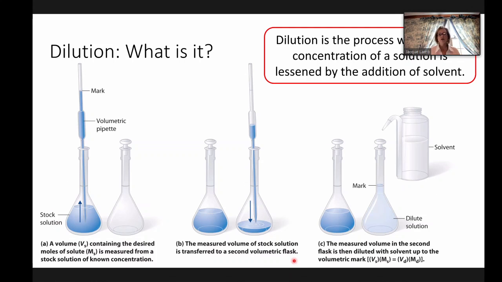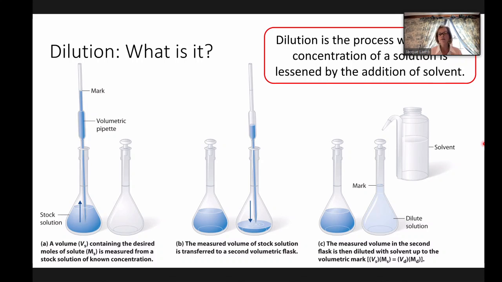So what about dilution? We often make stock solutions. It would be absolutely impossible for you to maintain a stock of solutions on a shelf at every possible concentration that you might want to use. So in general, we tend to make stock solutions that are more concentrated than we normally use, and then dilute them as necessary.